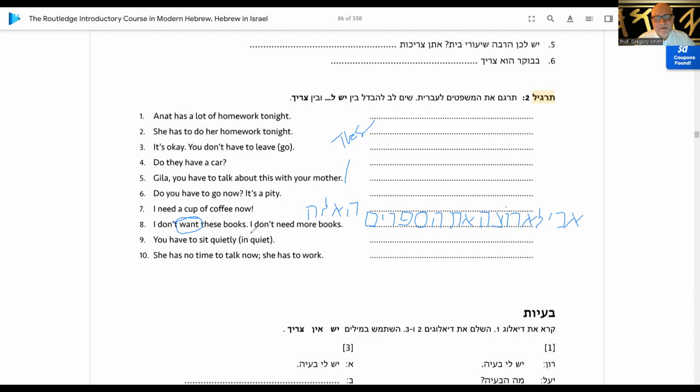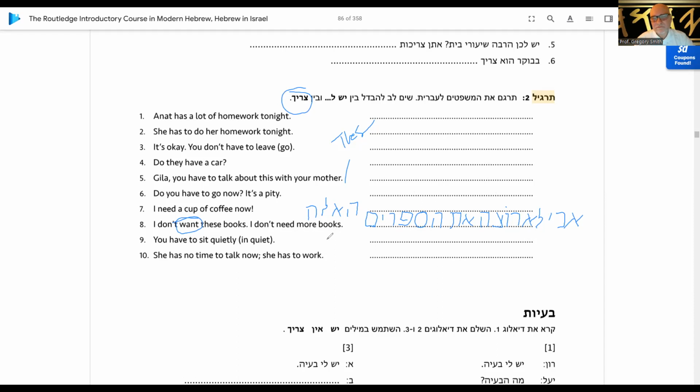And then so if we say I don't need more books, we could say ani lo, and then we use this one right here, zarich. Now if we say more books, we can say I don't need lots of books like harbe sfarim.